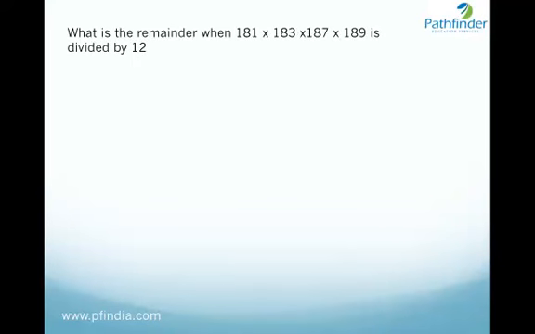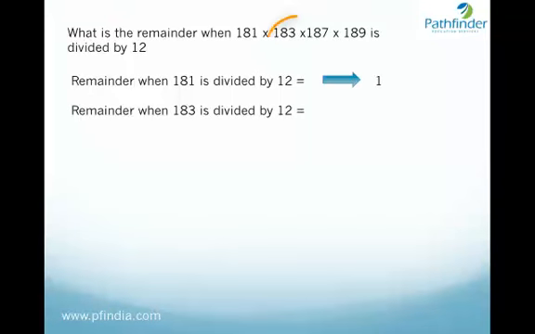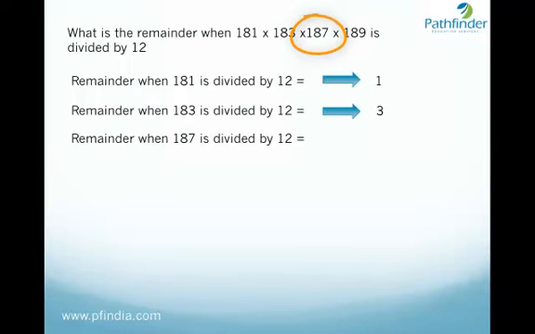What is the remainder when 181 into 183 into 187 into 189 is divided by 12? So again, the remainder when 181 is divided by 12 is equal to 1. Remainder when 183 is divided by 12 is equal to 3. Remainder when 187 is divided by 12 is equal to 7.